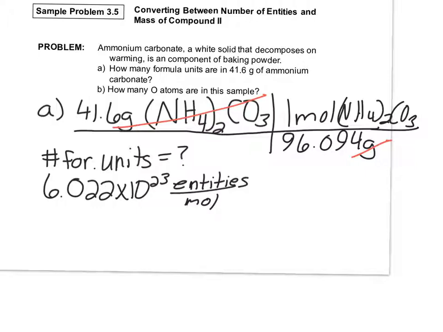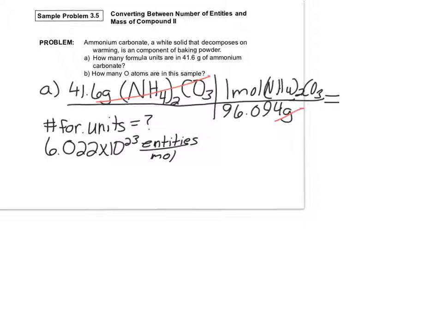I'm going to be left in moles. Now let me type this in my calculator and see what I get. I've got 41.6 divided by 96.094 equals 0.4329 moles of ammonium carbonate.